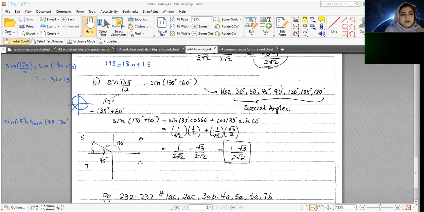Because I know 45, I know 30, both belong to the special triangle. That's why I choose these two numbers. So if I expand this, it's going to be sine of 45 cosine of 30 minus cosine of 45 sine of 30.